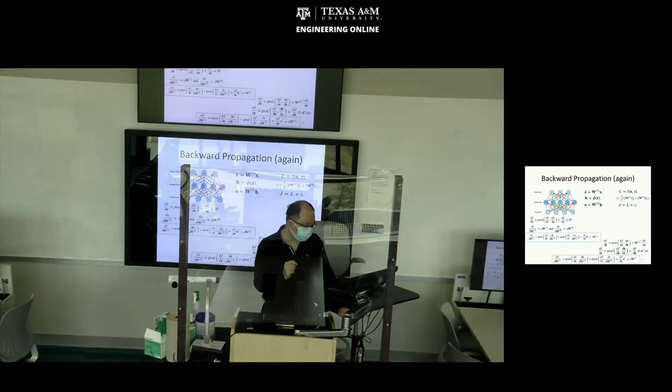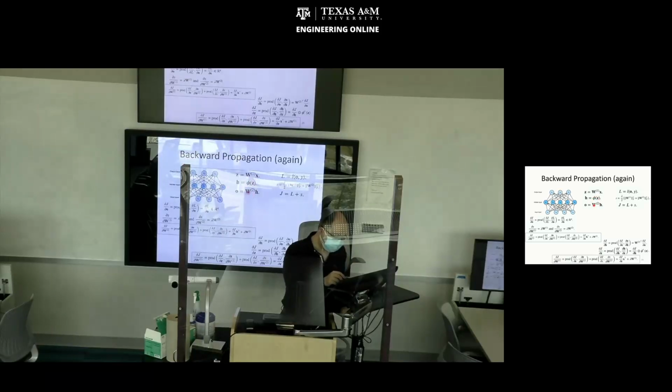Z equals WX, and H is a nonlinear activation of Z. Then H is multiplied by W2 to get the output O. The loss function is a comparison between the predicted O and the actual Y. Then we add some regularization term S to get the J.